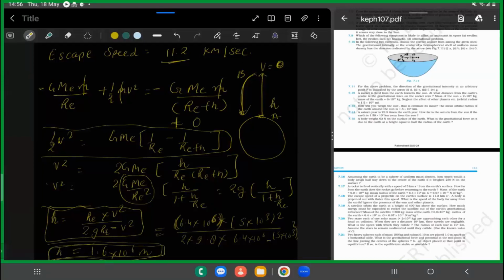If we have to find it from the center of the earth, then we add the radius as well, so net height equals h plus Re. Re equals 6.4 × 10^6 and h equals 1.6 × 10^6, so the net result is 8 × 10^6 meters. So this is about this question.